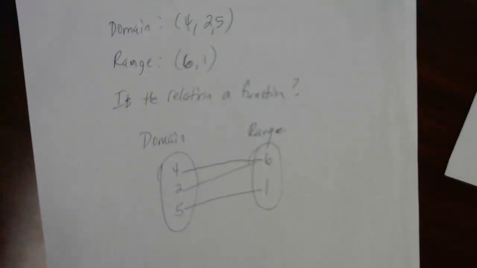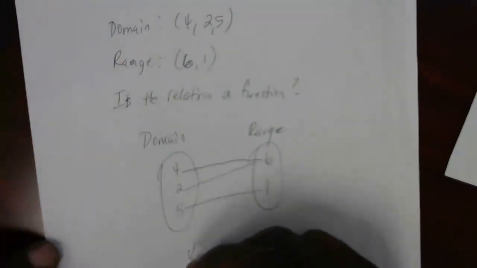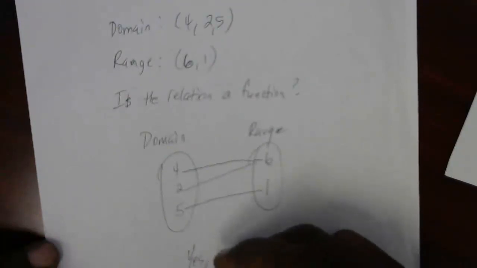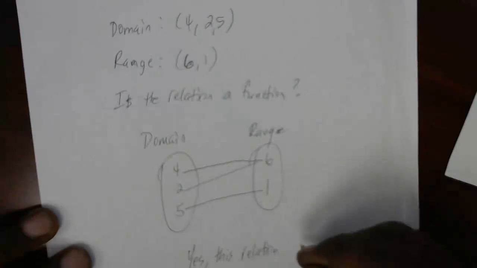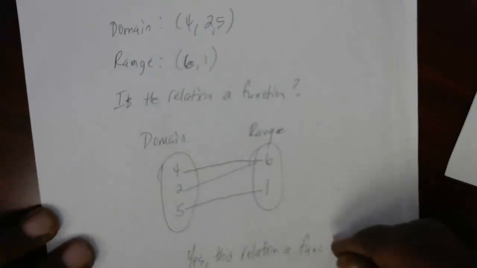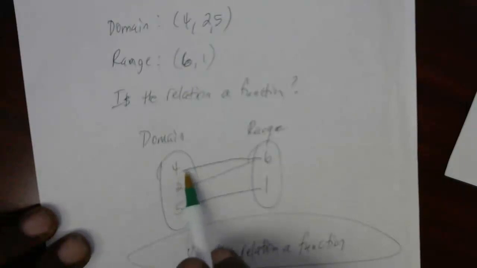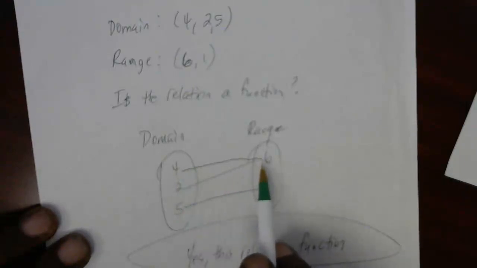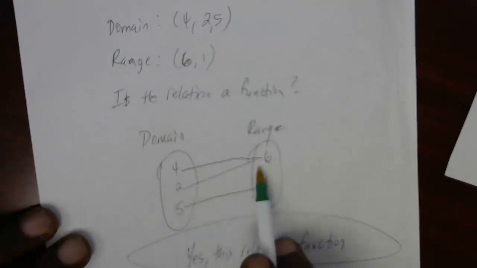So is this a function? And the answer would be yes. This relation is a function. So if we check with the definition, 4 maps to exactly one element, 2 maps to exactly one element, right?